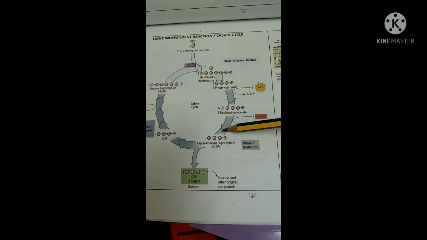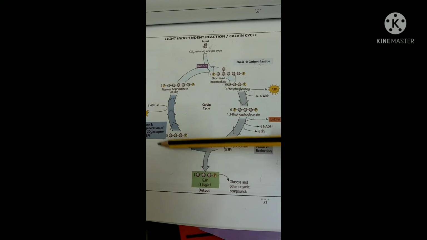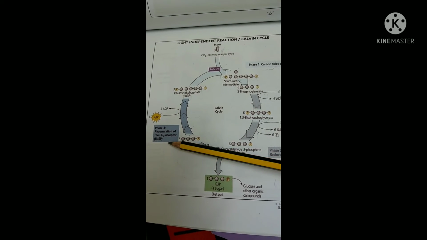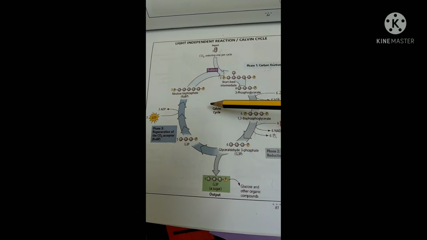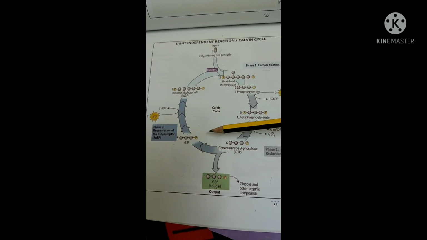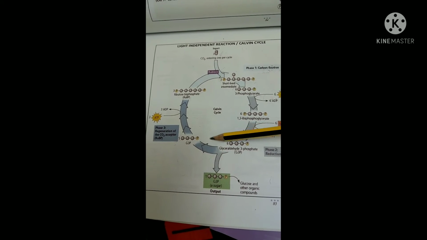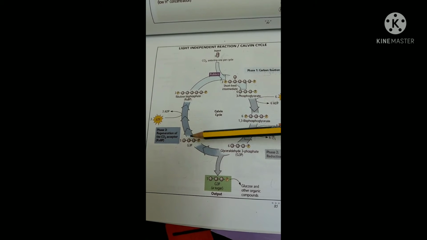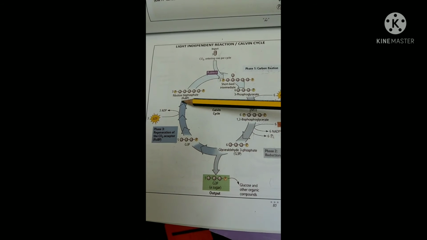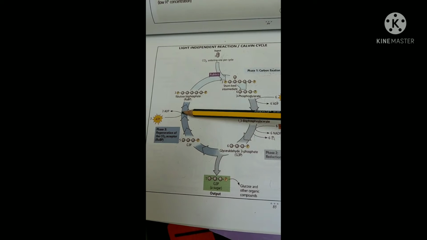So the remaining G3P will enter the third phase, which is the regeneration of the carbon dioxide acceptor, RuBP. The remaining G3P enters the third phase, and the molecules of G3P will undergo rearrangement to produce RuBP, and will be phosphorylated by ATP. 3 moles are required.